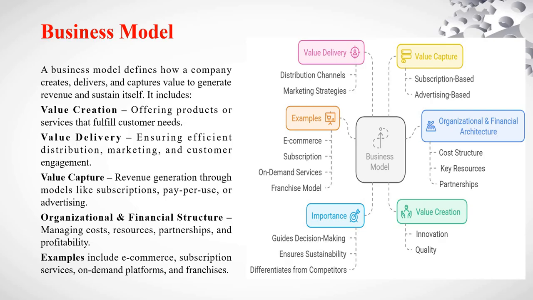That is, you will have fixed and variable costs such as rent, salaries, and production expenses, and the technology, supply chain, workforce, and intellectual property, etc. And you will have partnerships and alliances like collaborations with suppliers, investors, or other businesses. Examples include e-commerce, subscription service, on-demand platforms, and franchises.